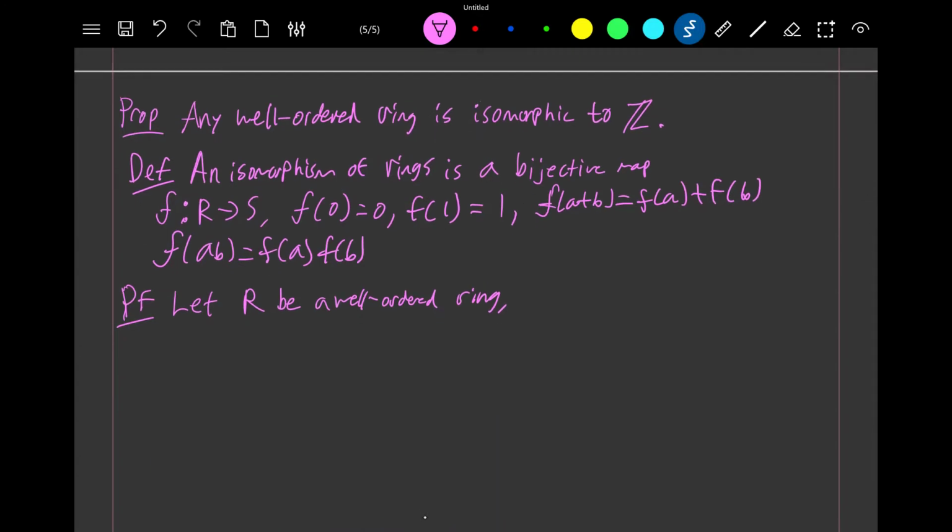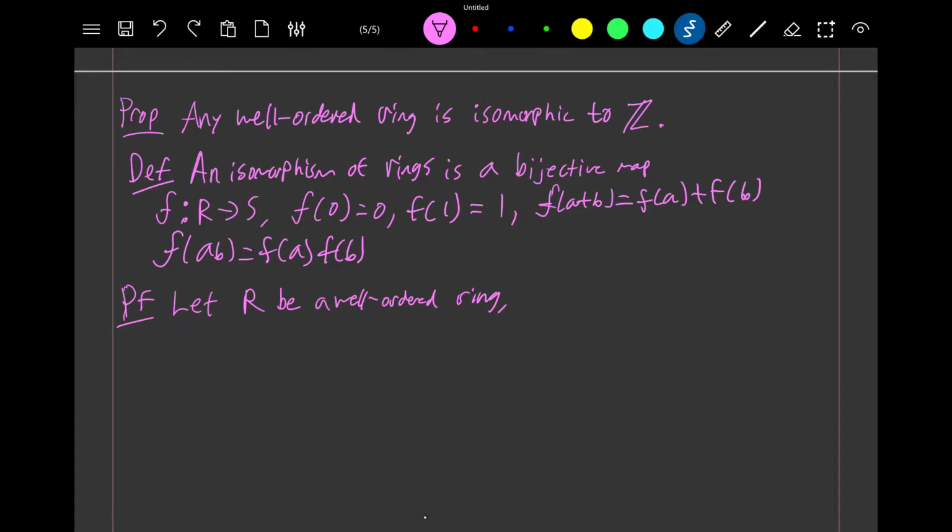So if R is going to be a well-ordered ring, if we take the element 1 in R, we're going to send 0 to 0, and 1 has to map to 1, right?